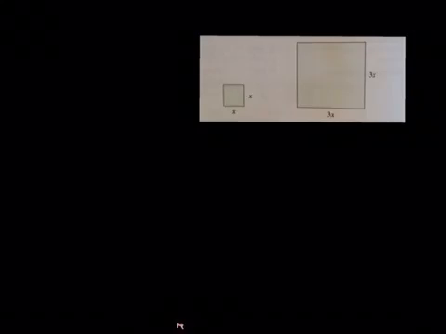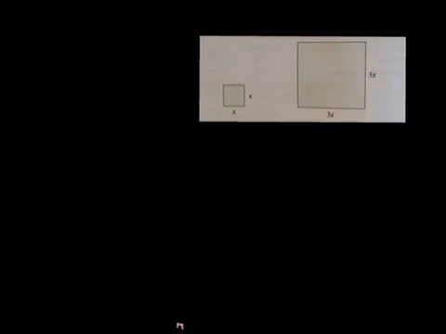Alright, so if we let x represent the length of the smaller side and 3x represent the length of the bigger side. Okay, we've got our diagram here. So, let's see what we're supposed to find out. How many of these squares will go in this one?